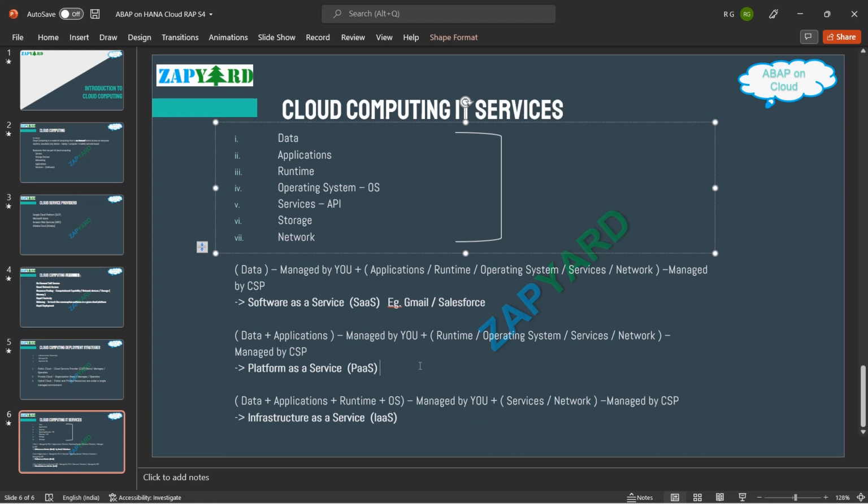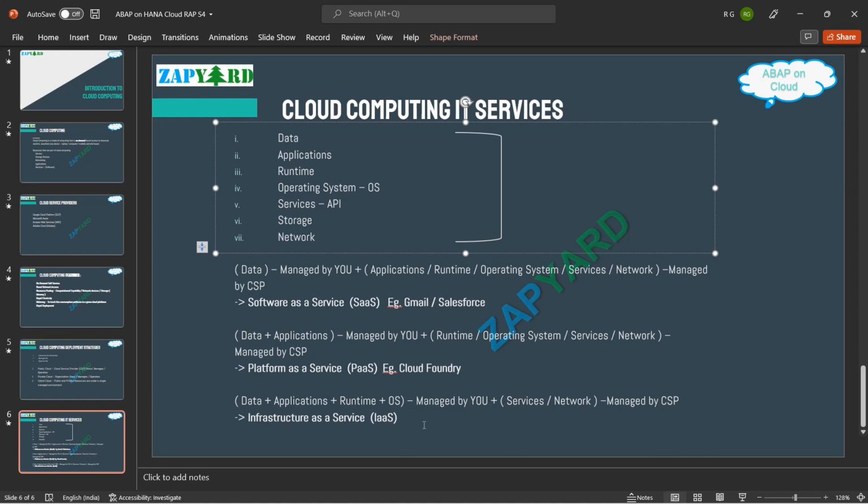Similarly, we have other examples. For platform as a service, we have Cloud Foundry. In Cloud Foundry, the data and applications are managed by the company which is doing the digital transformation, but the rest of the components are managed by the cloud service provider.